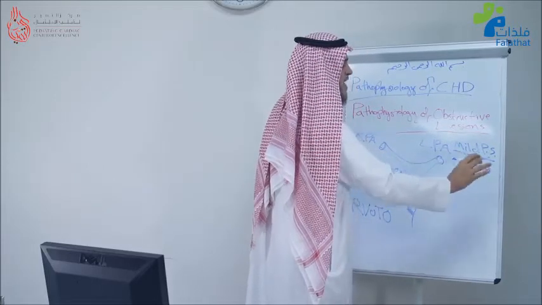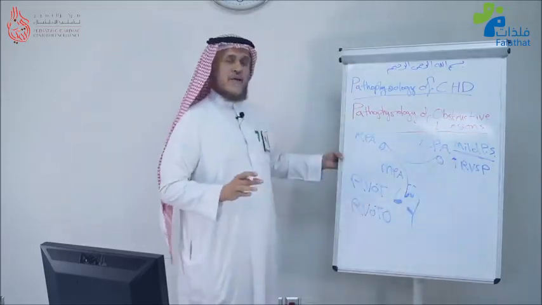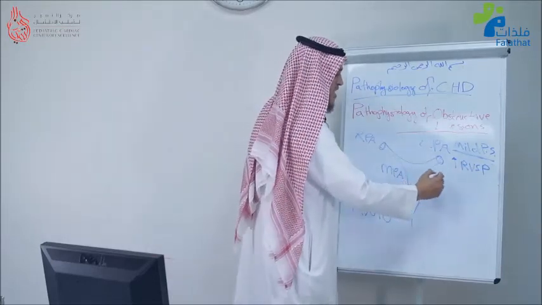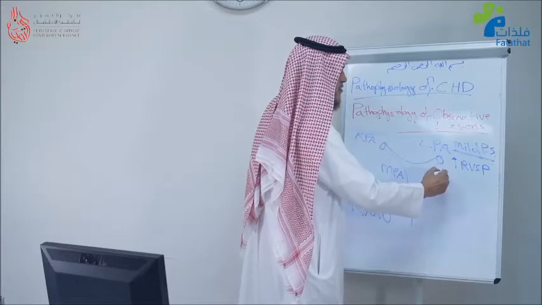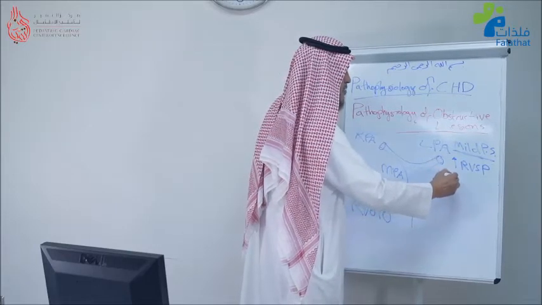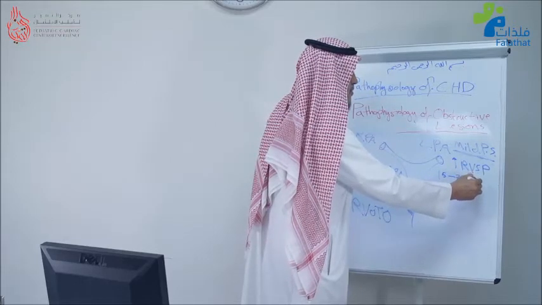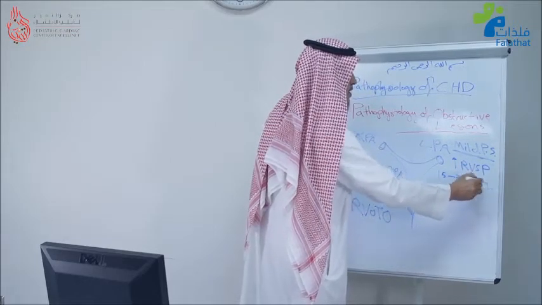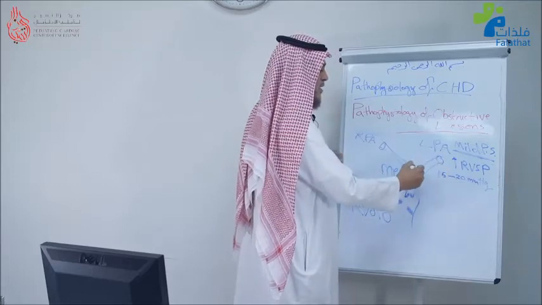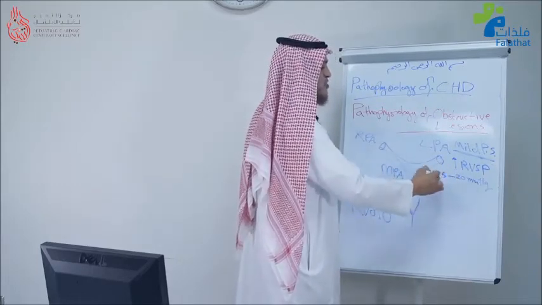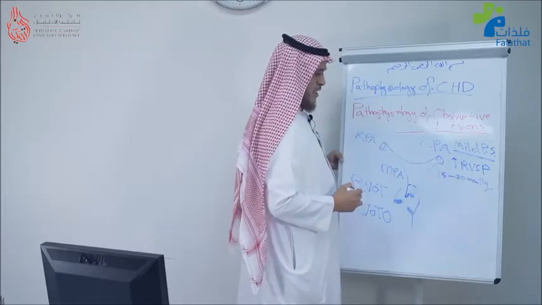And that's probably it. Nothing more than that. Normal right ventricular pressure is anything between 15 to 20 millimeter mercury, with a pulmonary arteries pressure of almost equal numbers.